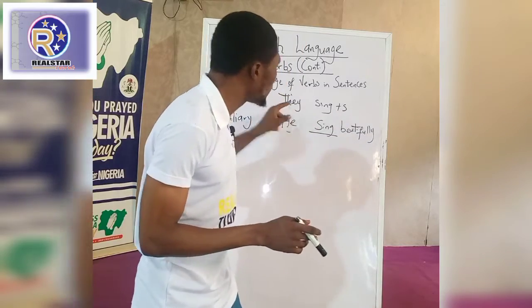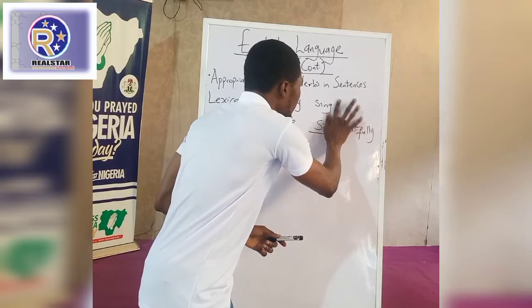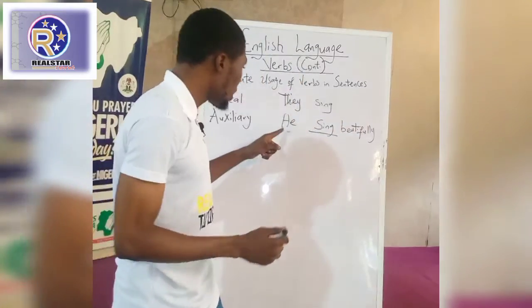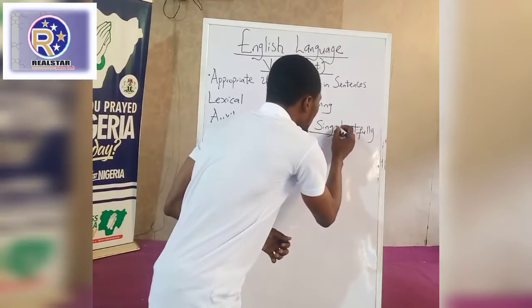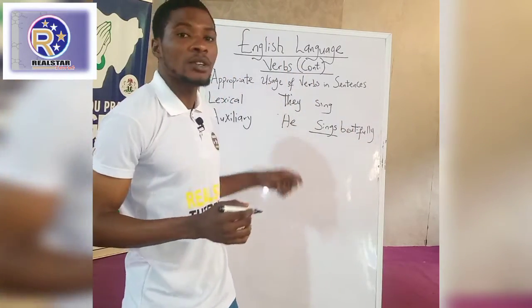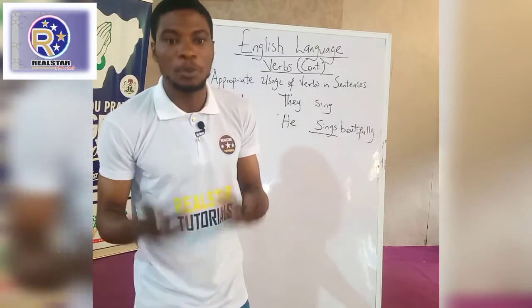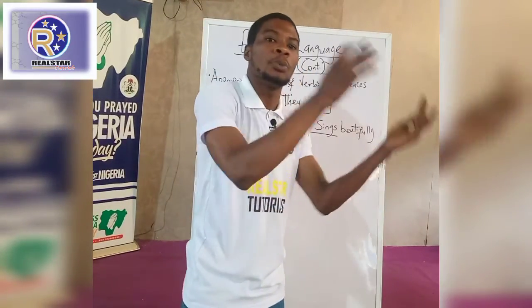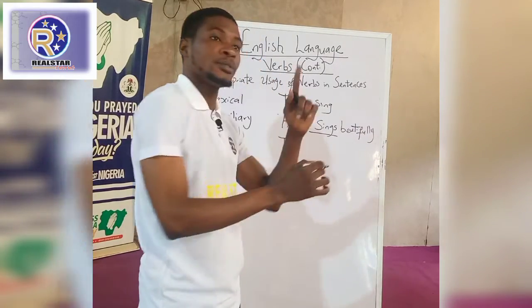So this is a plural noun, it must have a plural verb. Therefore, it will be they sing. This is a singular noun, so it must carry a singular verb, sings. You will notice I'm calling pronouns nouns. Functionally, pronouns are nouns because a pronoun is a word that represents a noun. You can say Tolu, Tolu is the person.